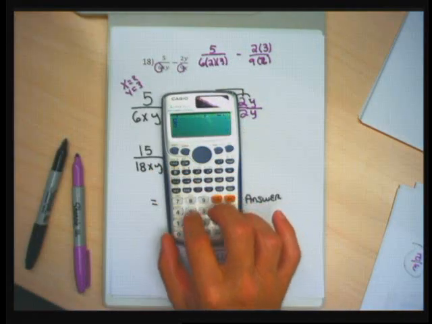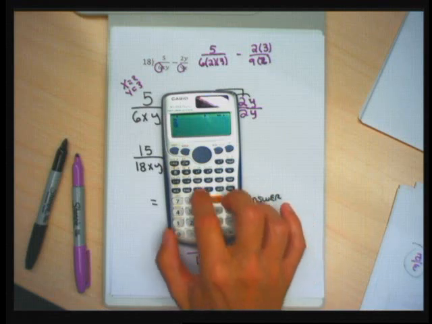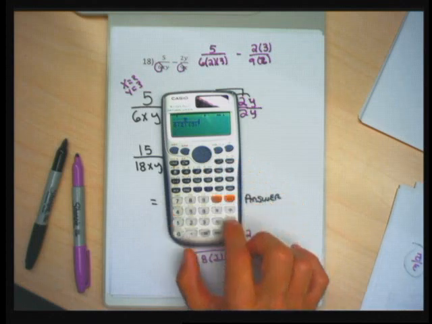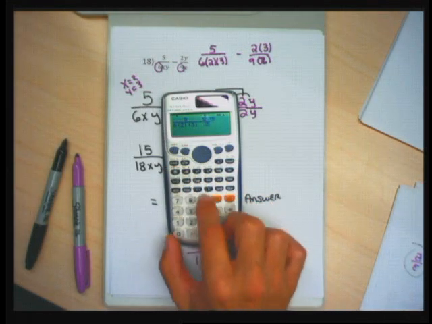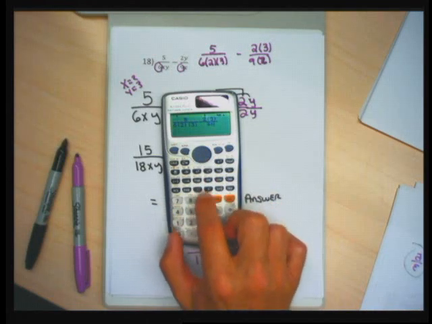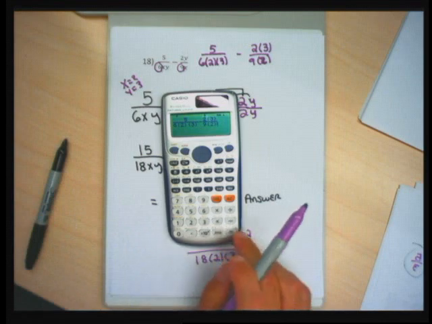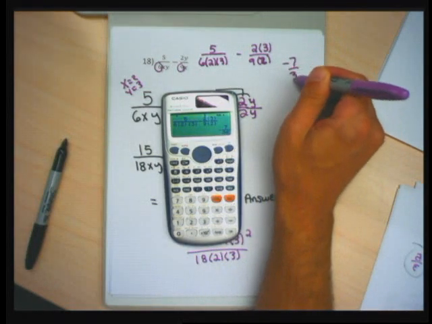So fraction 5 over 6 times 2 times 3, minus fraction 2 times 3 over 9 times 2. And so when I plug in 2 for x and 3 for y in the original problem, I get negative 7 over 36.